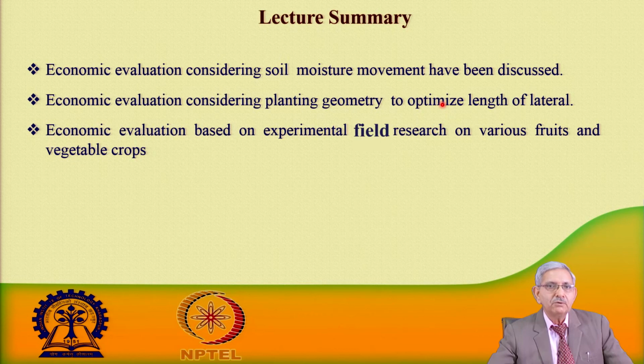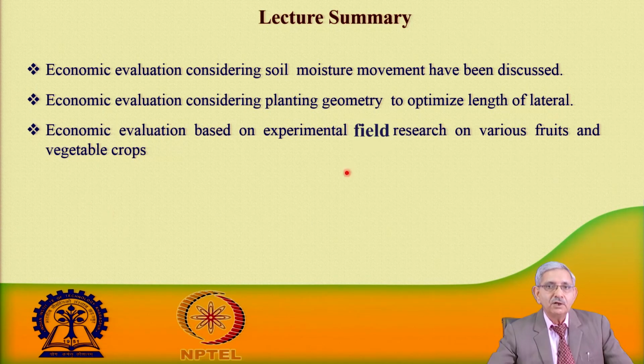So, in this lecture we have covered the economic evaluation considering the soil moisture movement. We have discussed the economic evaluation considering the planting geometry, means 1 plant, 2 plants, 3 plants, 4 plants of the banana, and optimizing the length of lateral.